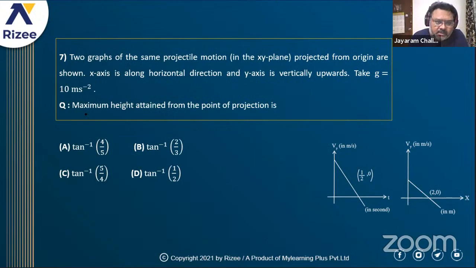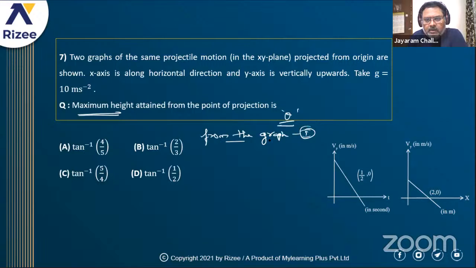In the same question, he has asked for the maximum height and the angle of projection theta. In the options he has asked for theta, but here is the maximum height. Let's try to find out both of them. From the first graph, what you can say, sir? Vy is equal to 0, which happens at t equal to half. The vertical velocity becomes 0 only at the maximum height, h maximum.